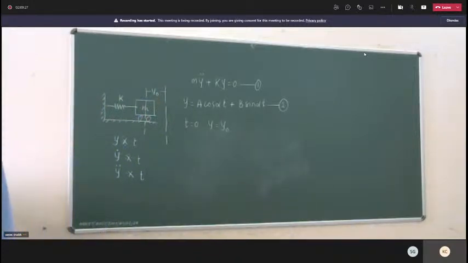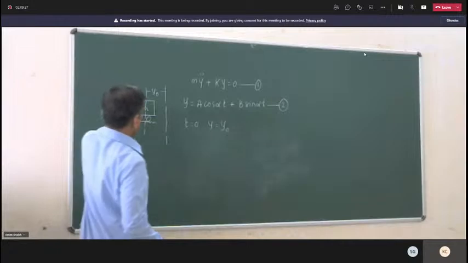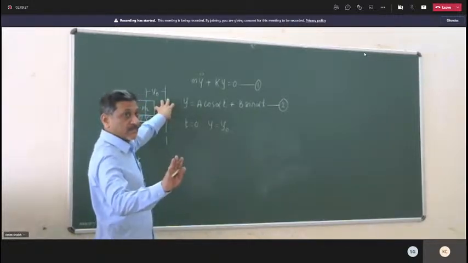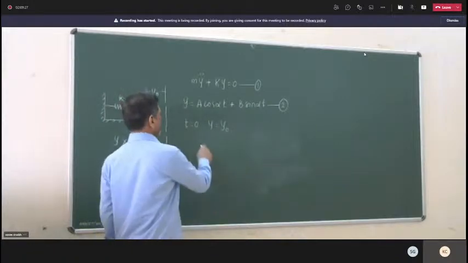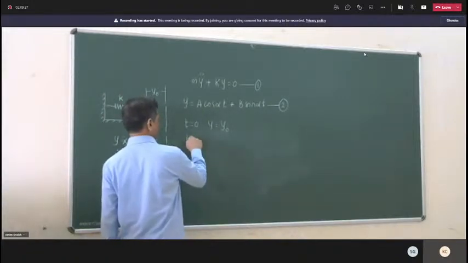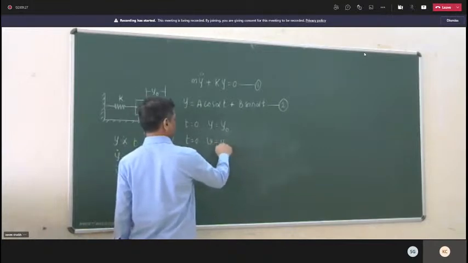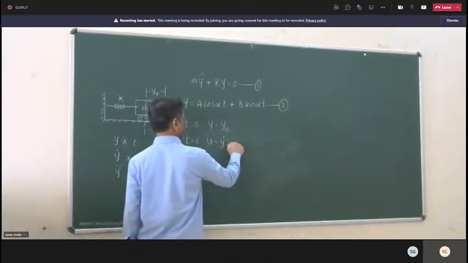What is the other initial condition? Velocity. How much is it? 0. Yes. I have pulled this mass, held it in position. It is at rest at y0, and therefore at t is equal to 0, velocity, that is y dot, is 0.